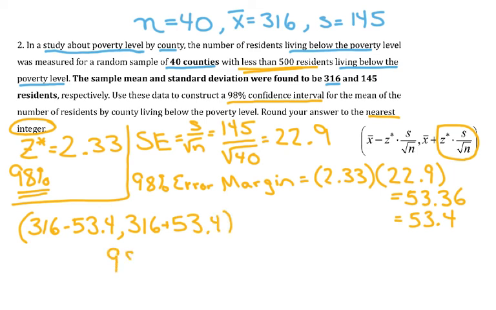And so finally, I can write my 98% confidence interval as 263, 369. So what this tells me, I am 98% confident that the true average number of people living below the poverty level in these counties is between 263 and 369 people.